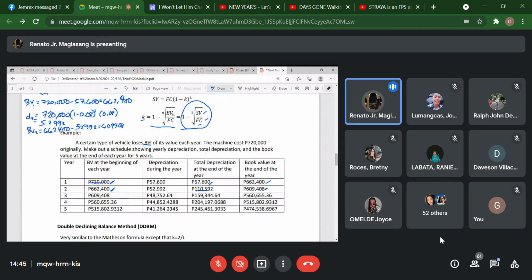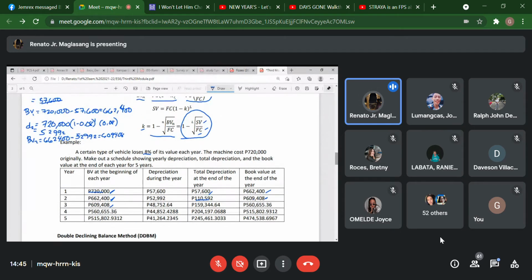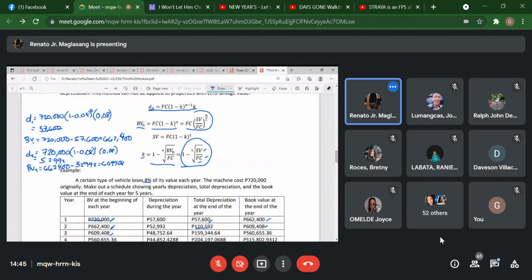So once you have here the value 609,408, again it will become the book value at the beginning of the year. Then again you use the formula for the depreciation. So D sub 3 is equal to 720,000 times 1 minus 0.08 squared times 0.08.